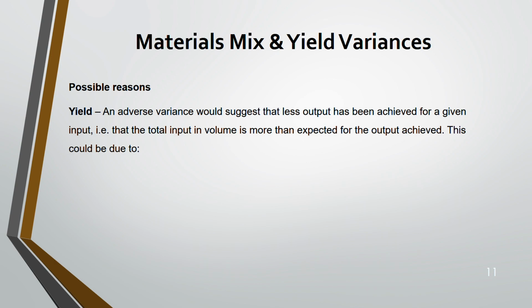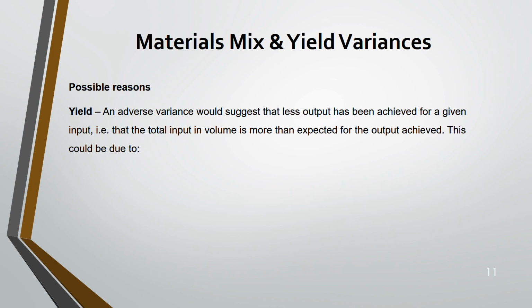But if you are getting less output for a given level of input, it's an adverse variance. So, for example, total input in volume is more than expected for an output achieved. That means input is more than output, which is adverse.